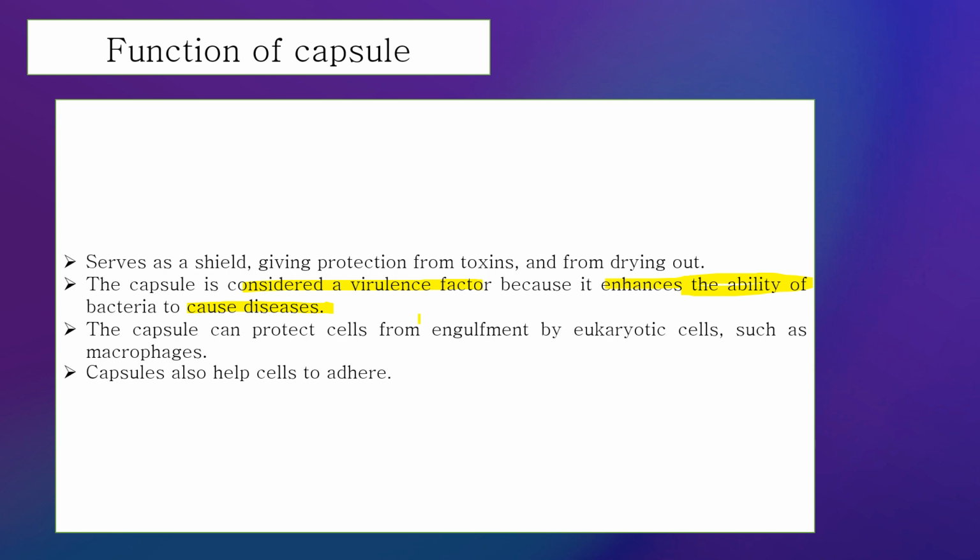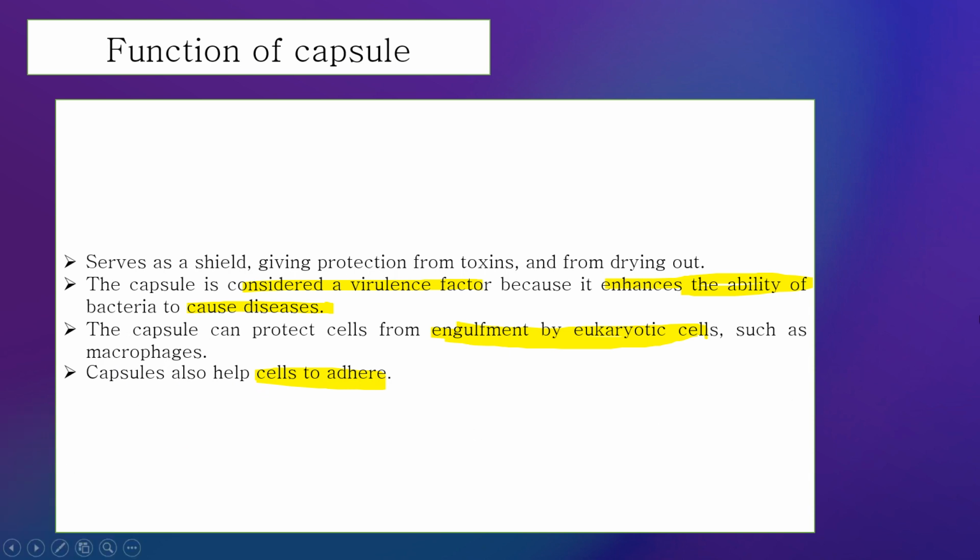Then the capsule can protect the cell from engulfment by a eukaryotic cell. These are also advantages: a eukaryotic cell can't engulf the prokaryotic cell. Then capsules also help cells to adhere. Adhere means attach.